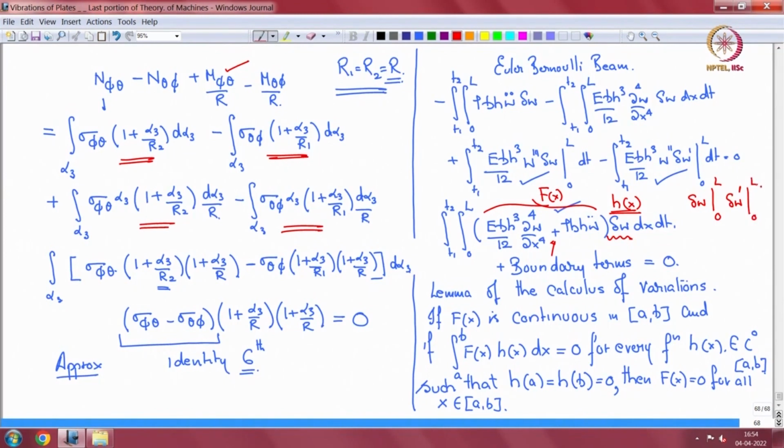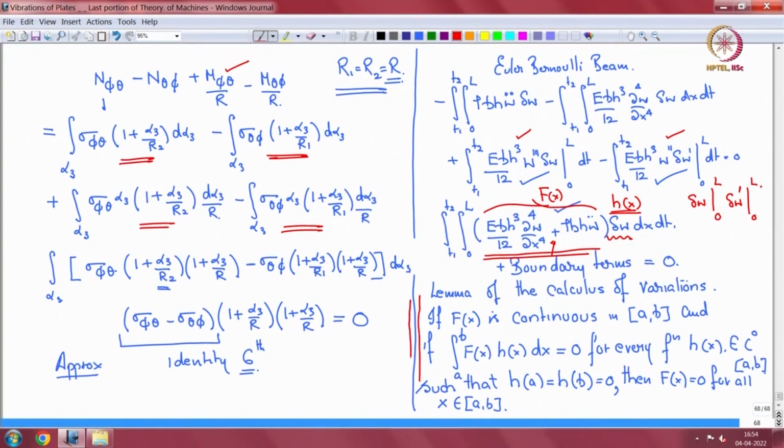You take such a variation. When you do that, this term is 0 and that term is 0, and you are left with this term, and then you apply this lemma.